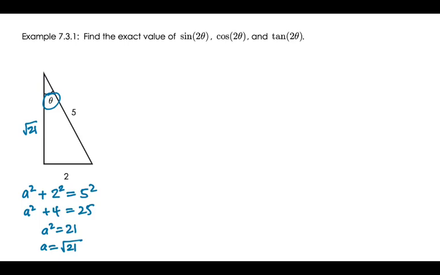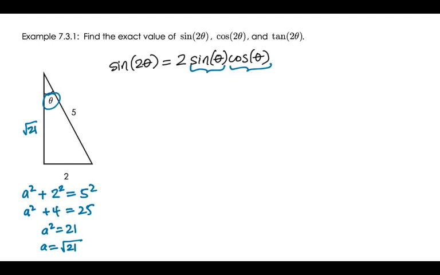All right, so they want us to find sine 2 theta. So all I'm going to do is copy down that formula for sine 2 theta. We've already established we can't just find the sine of theta and then multiply it by 2. We have to use that formula, 2 sine theta cosine theta. Sine theta and cosine theta are things that we can easily figure out from our triangle.